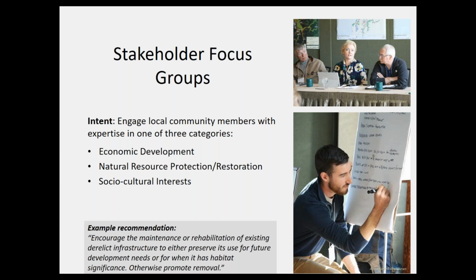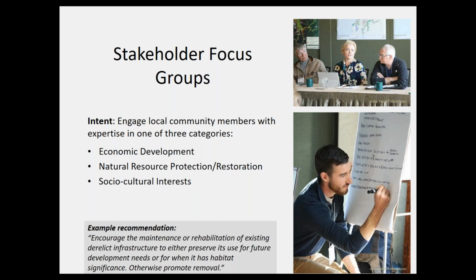At the bottom, you'll see an example of one of the recommendations, just to give you a sense of what these recommendations look like. This came from the Natural Resource Protection Group, and it says, encourage the maintenance or rehabilitation of existing derelict infrastructure to either preserve its use for future development needs or for when it has habitat significance, otherwise promote removal.